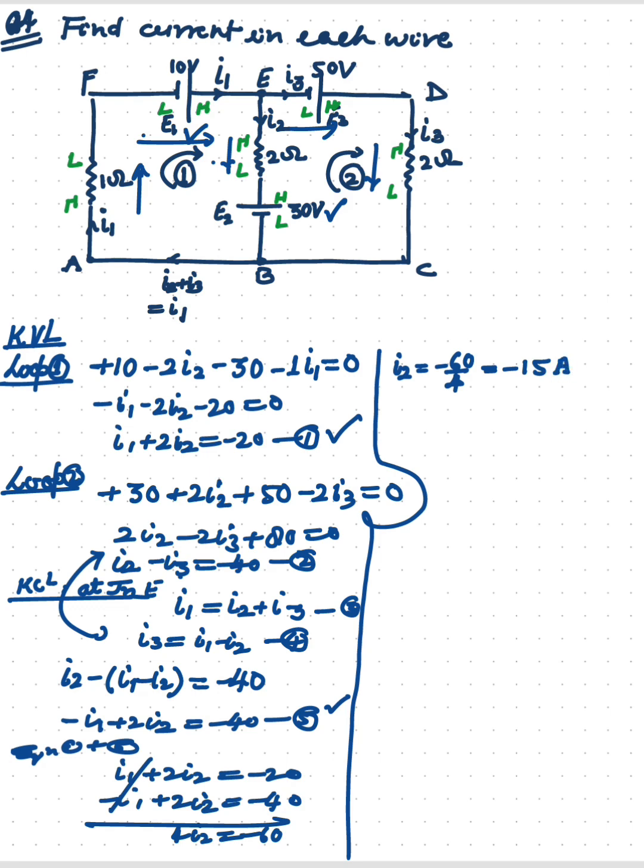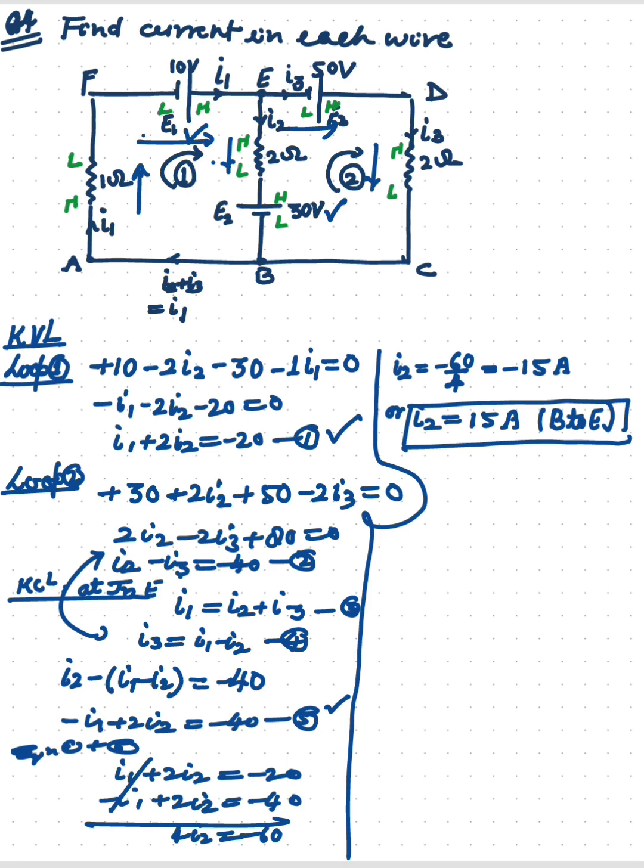So that means our pre-assumed direction of current should be reversed. I2 here was assumed in this direction, but here we are getting negative sign, that means it should be in this direction. B to E. It was assumed E to B. Okay. So this means I2, we can write 15 ampere in direction B to E.